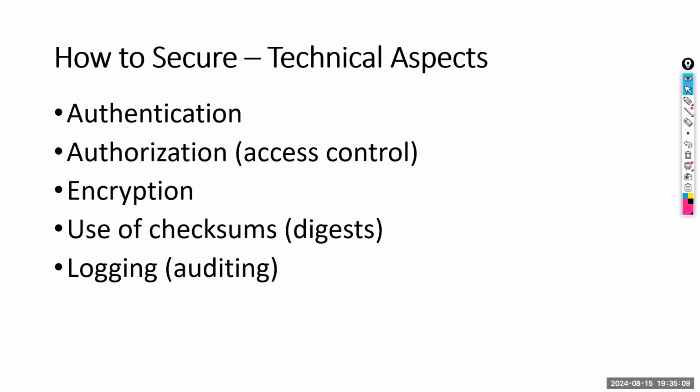So the key areas are authentication, authorization, encryption or encryption decryption, use of checksums or digest or hash, and logging and auditing. Your next 2 topics are basically related to this: one is hashing, and your third topic is all about encryption, decryption.